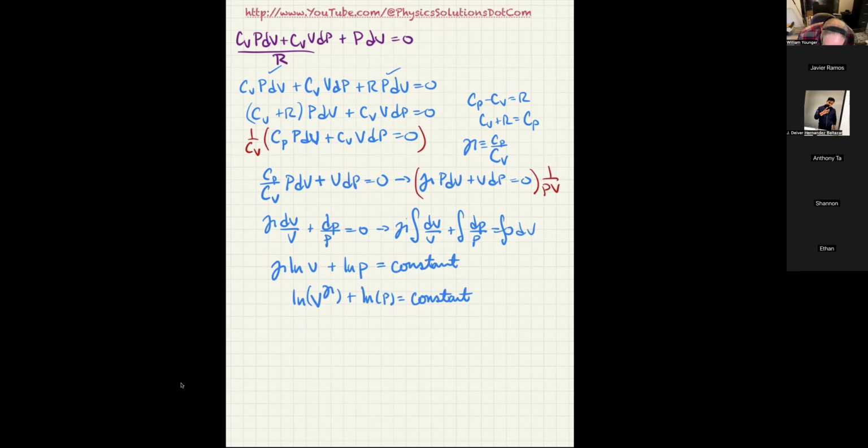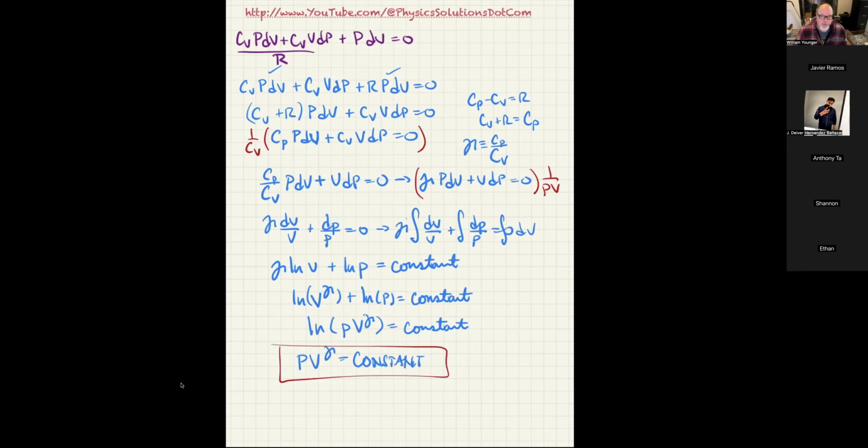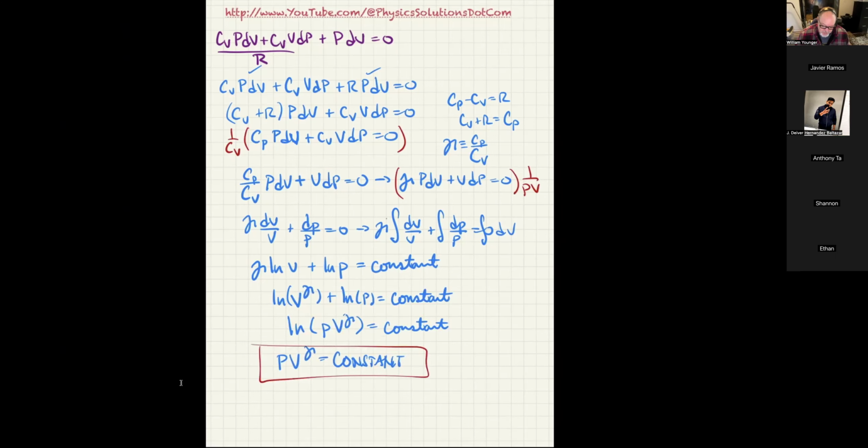So what we've got is the natural log of P times V to the gamma power is in fact equal to a constant. And that tells us that P times V to the gamma is equal to a constant, which is what I advertised before. So that's how we go about getting that P times V to the gamma power is a constant.